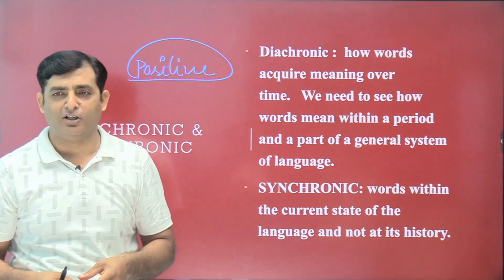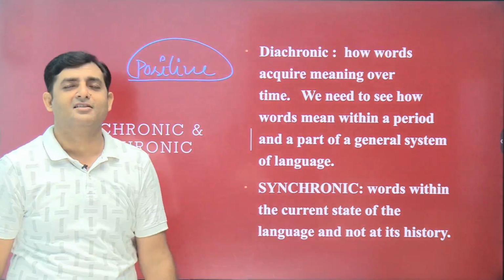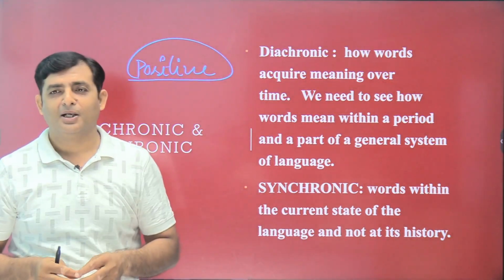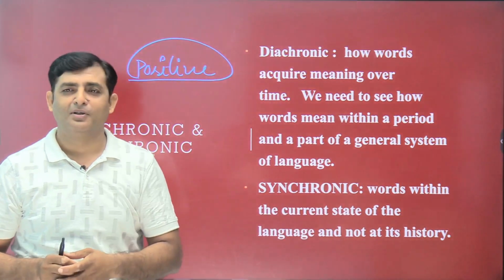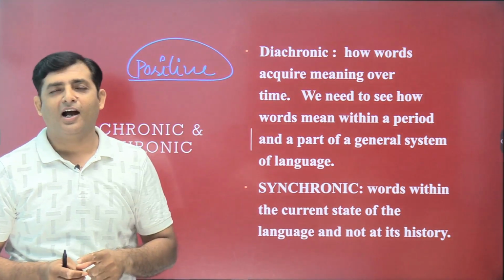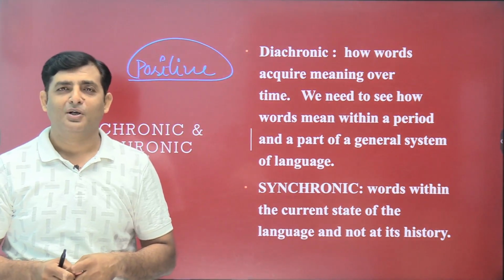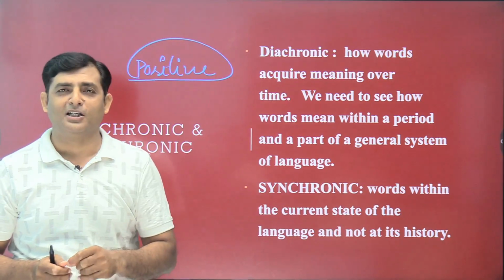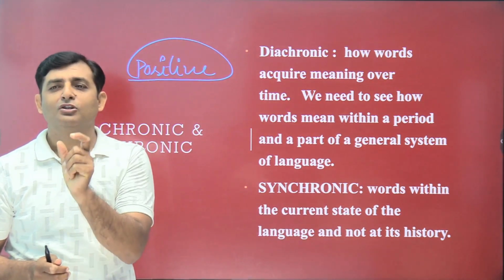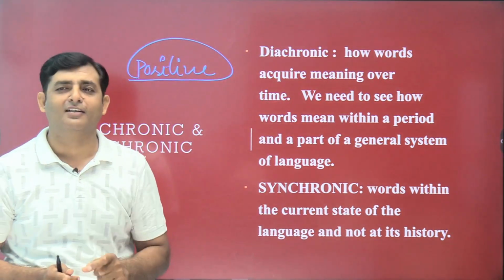Positive means hopefulness, optimism. But during the COVID time, the word positive changed its connotation, and nobody liked to be COVID positive. This is called diachronic study, how the meaning changes over time.